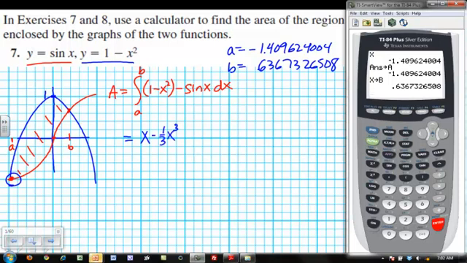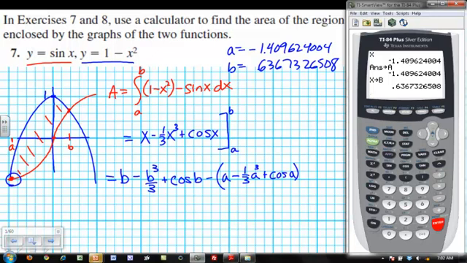The antiderivative of negative sine is positive cosine x, and I'm going to evaluate that expression from a to b, which will give me b minus b cubed over 3 plus cosine of b, minus the value at a, which is a minus 1/3 a cubed plus cosine at a.